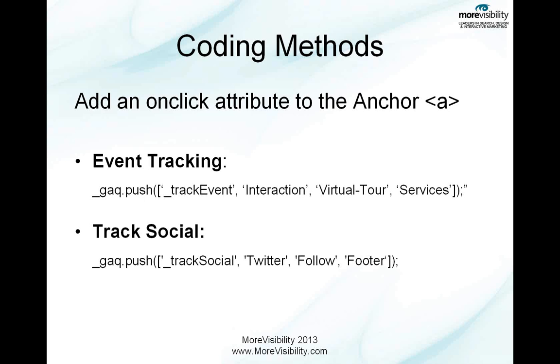This special Track Social method is a cue to analytics to store this information in the plugins report of the social section of your traffic sources. When this is implemented, you're able to see very easily what your popular content is and what is getting shared, and where. So we definitely recommend that you use the latest coding and use Track Social to help you understand how your content is being shared out there in the online universe.